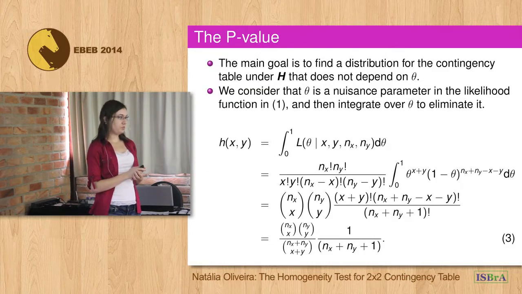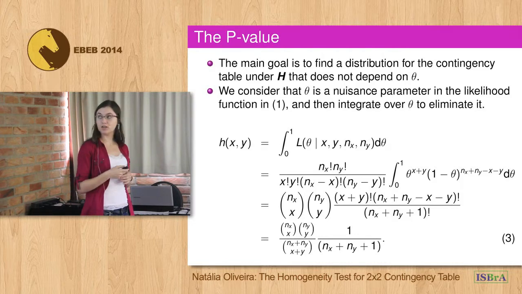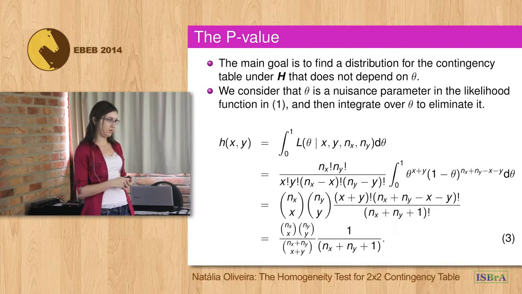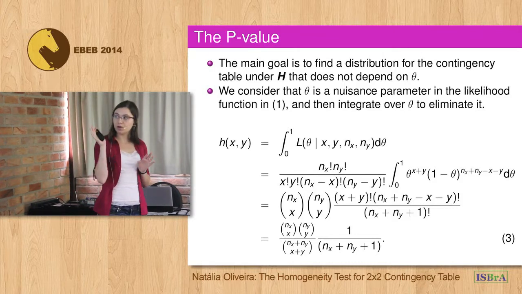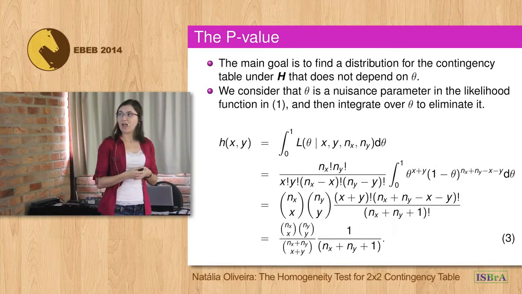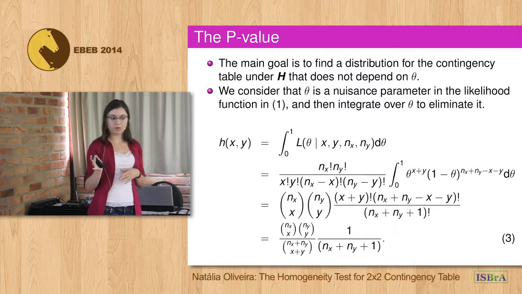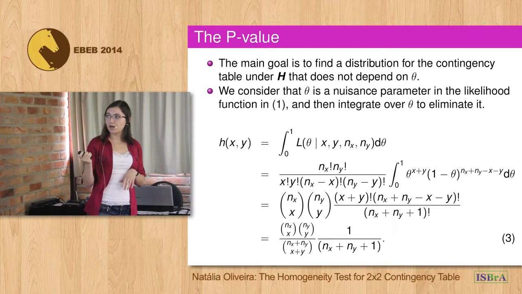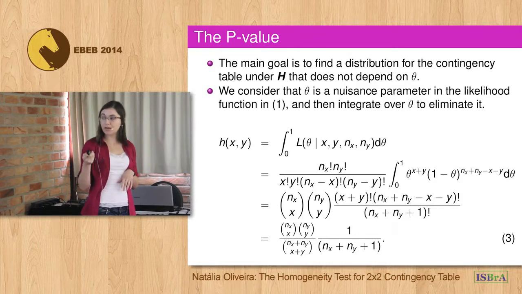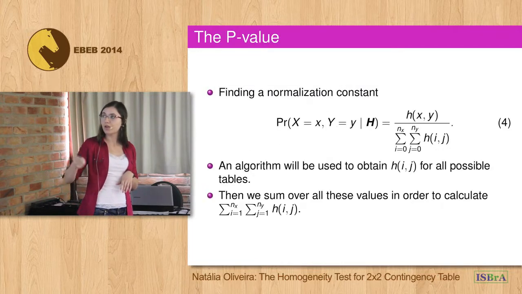We wanted to find a distribution for the test statistic under the hypothesis that did not depend on theta. What we did was consider the likelihood function, and theta as a nuisance parameter. So we integrated the likelihood over theta in order to eliminate it. Then we got hxy, which is this expression.